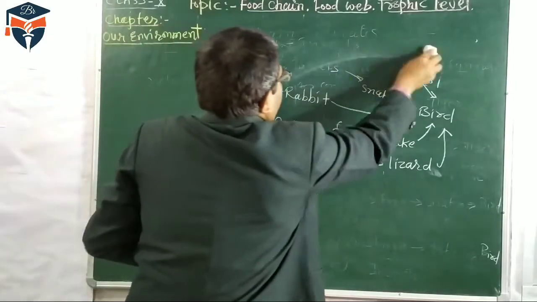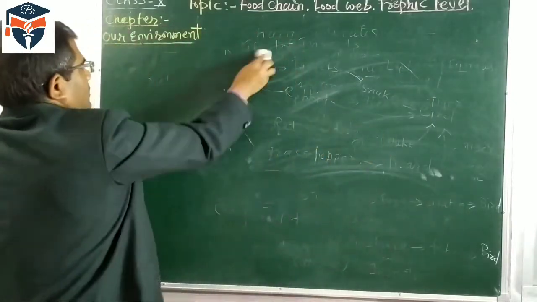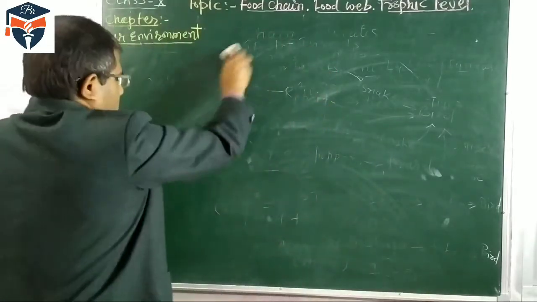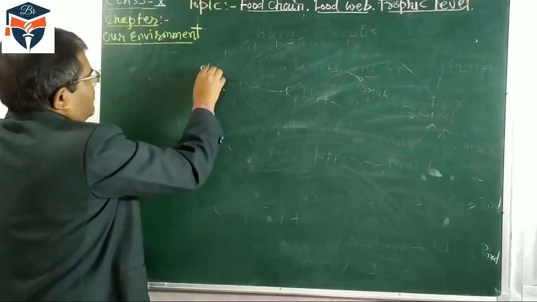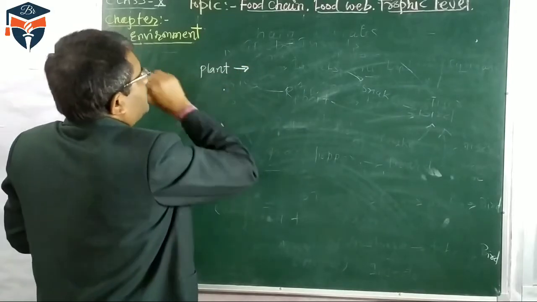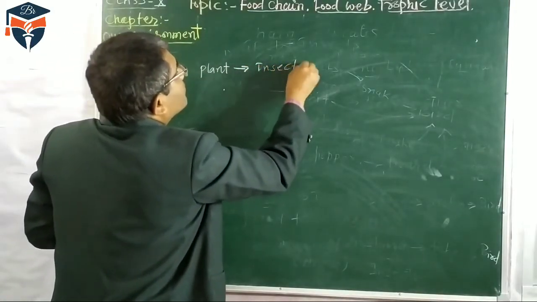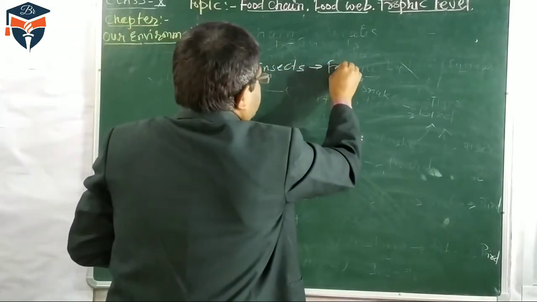Second important part now we are discussing, and it's about the trophic level. Students, as we have learned what is a food chain, I am depicting one important thing. One food chain I am having: plant. These plants are fed by the insects. Insects are fed by the frog.